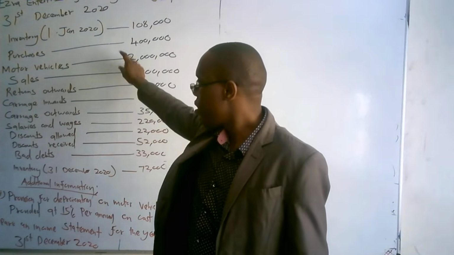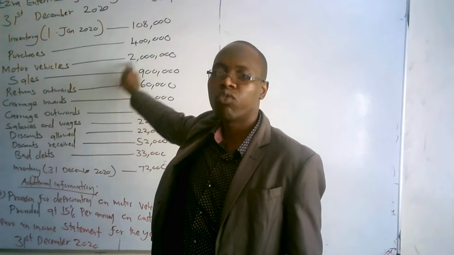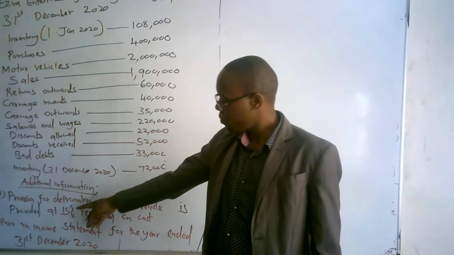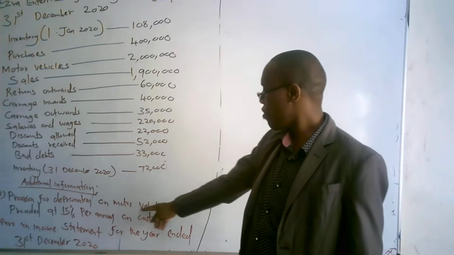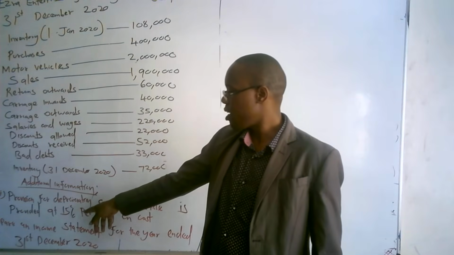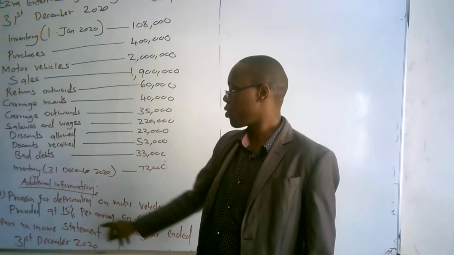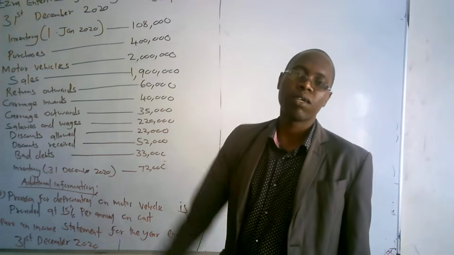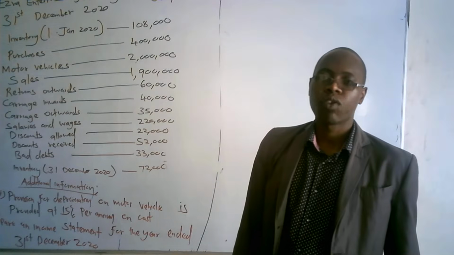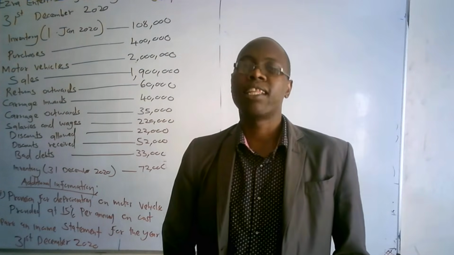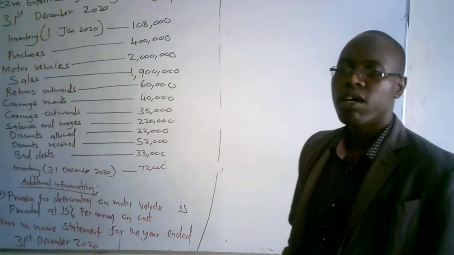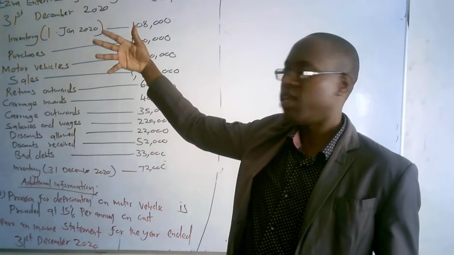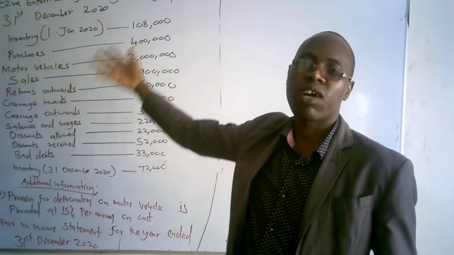For this figure, the 2 million, we are going to calculate the depreciation. They are saying that provision for depreciation for motor vehicle is provided at 15% per annum on cost. So it's going to be 15/100 times that 2 million. The answer that we get there, we take to depreciation under the expenses, because we have said depreciation is an expense. The 2 million is just for calculating depreciation.